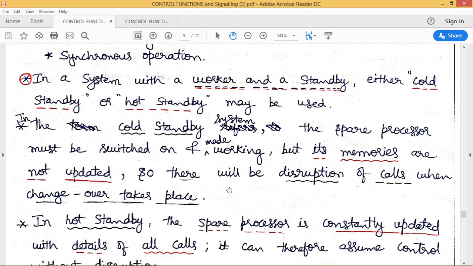All load should be handled by the second processor, so during that switching, or traffic load transfer from one processor to another, whatever calls were handled by the first processor will all be ended. That is one drawback of the cold standby method.